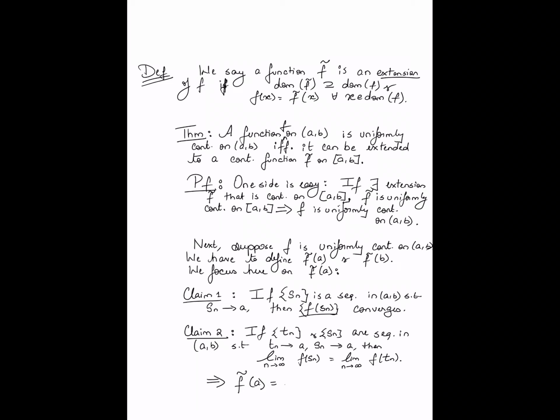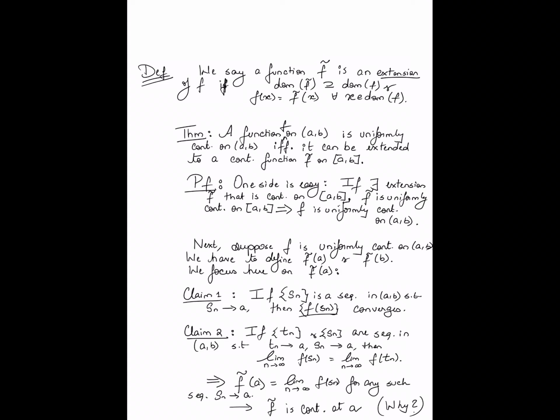F tilde A is equal to the limit as n goes to infinity of f of Sn, for any such sequence Sn that converges to A, and moreover this f tilde is continuous at A. Okay, so I leave it to you to convince yourself why that is, right?